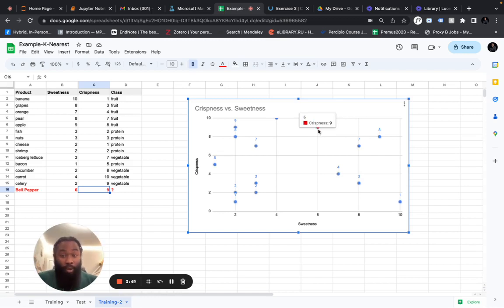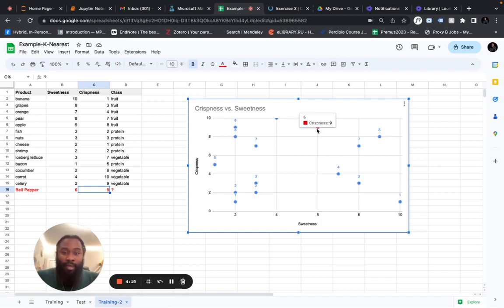In doing so, we have to compare and calculate the distance between this point and the closest neighbors. So this is closer, this is closer. And usually there would be a limit to the number of neighbors you want to evaluate, and sometimes it would be 3, like in the example we're going to do.